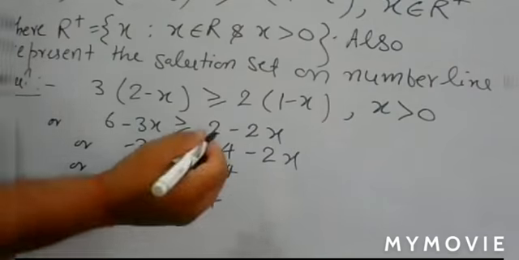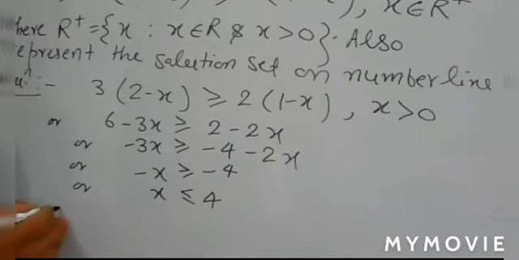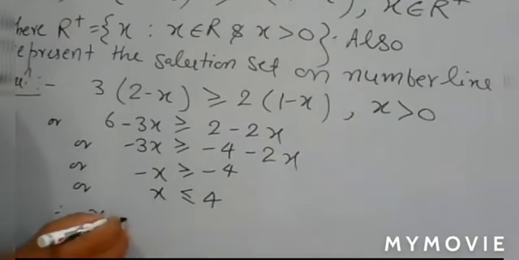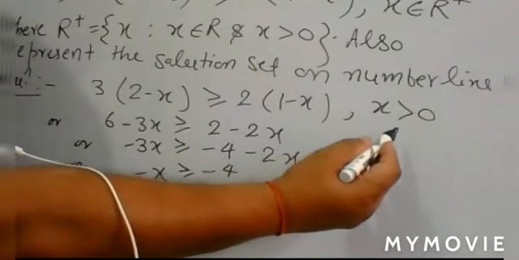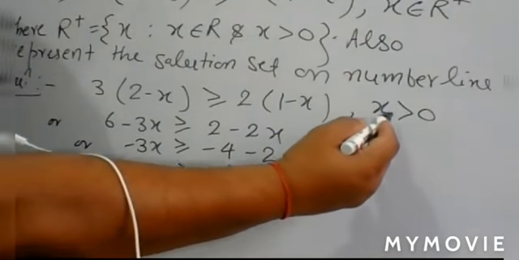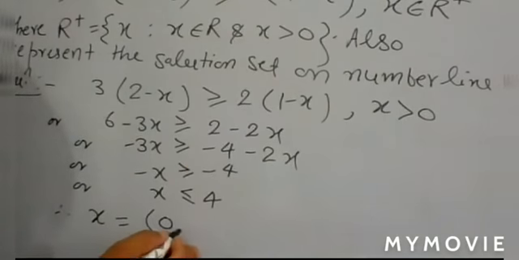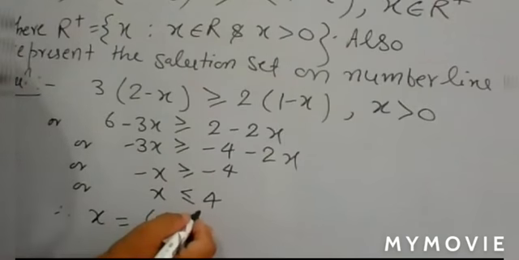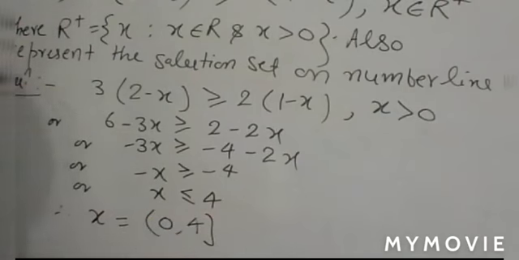Combining these two conditions, you can write x belongs to an open interval at 0, because here x is greater than 0, not equal to 0. And point 4 is also taken, so you mark a closed interval there. So the value of x is 0 to 4.